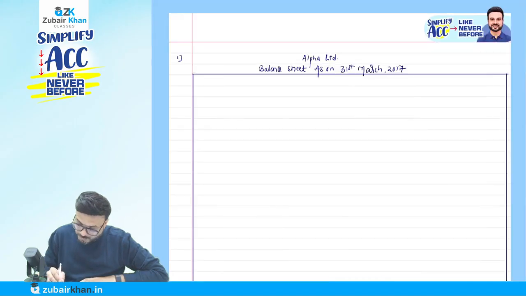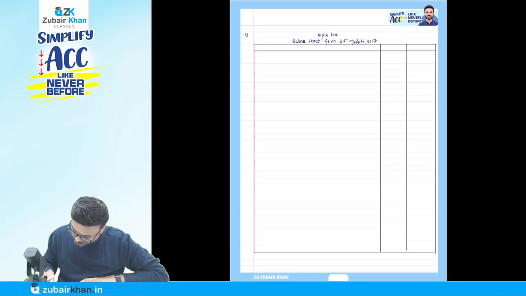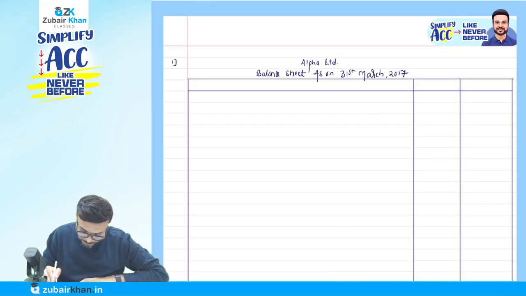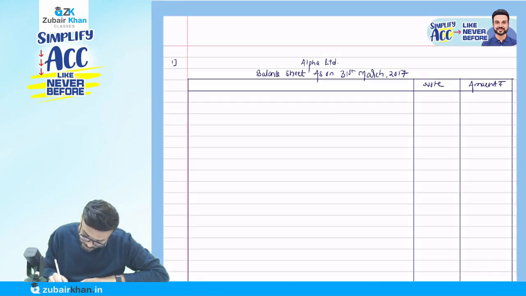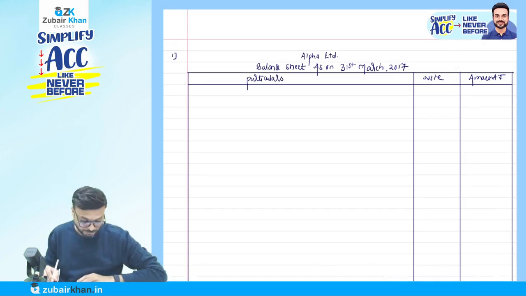Now draw there note, amount. Write down your particulars: particulars, note, amount.